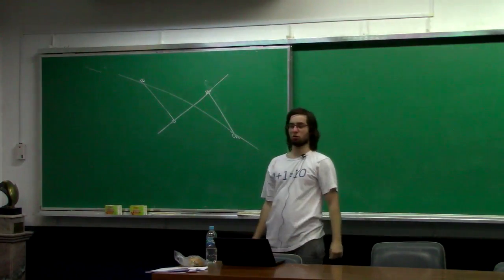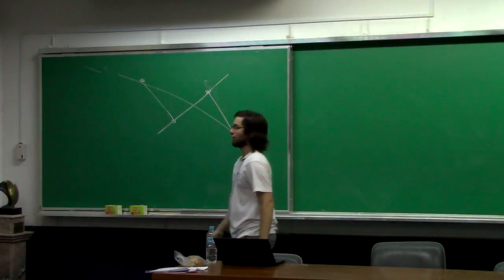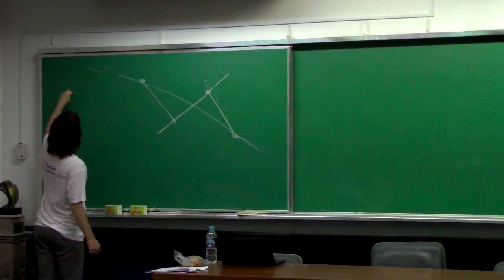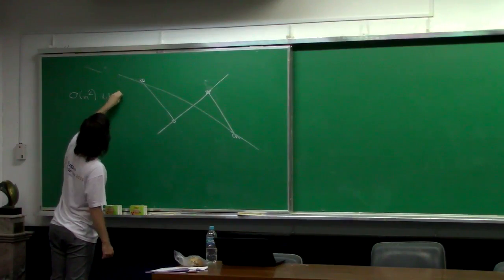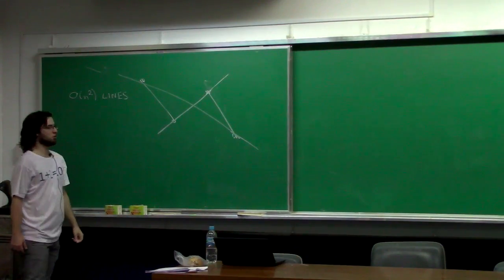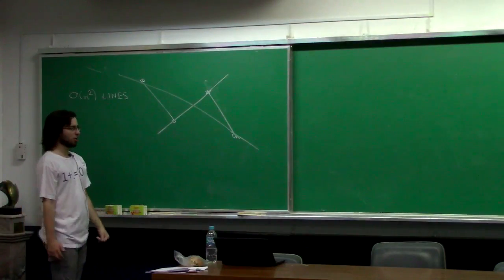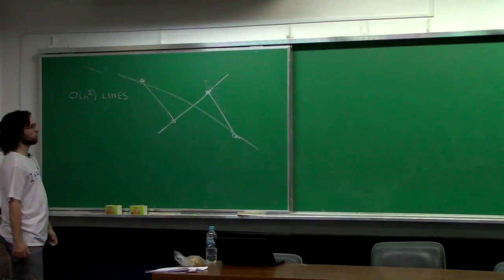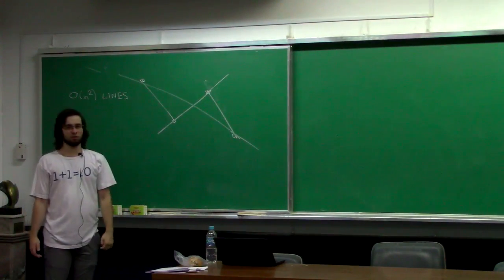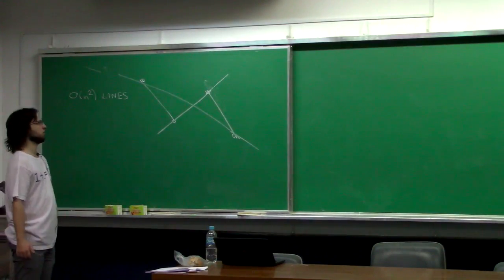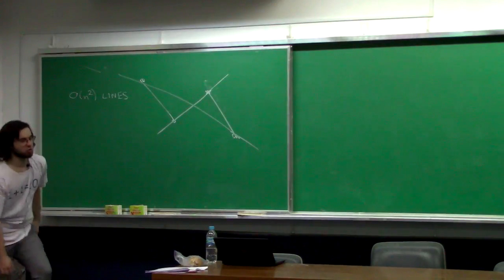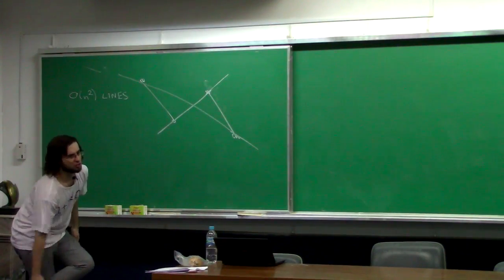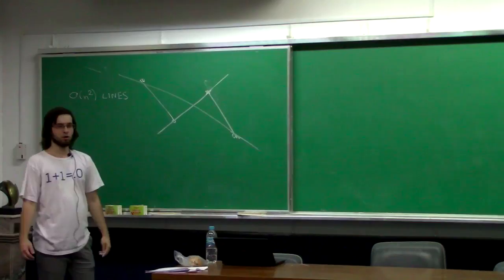Each obstacle has just two endpoints. Then there are O(n) squared lines. And these lines partition our space into a number of different polygons.